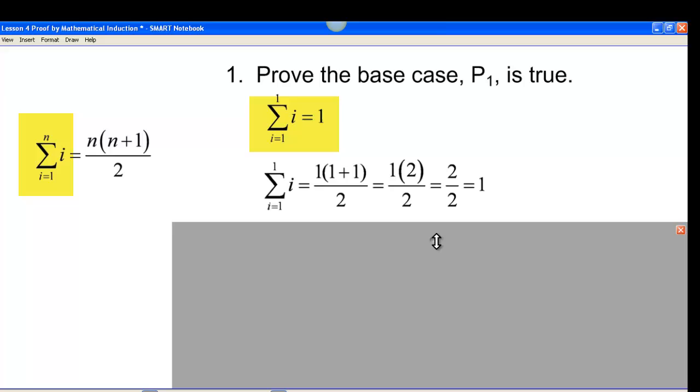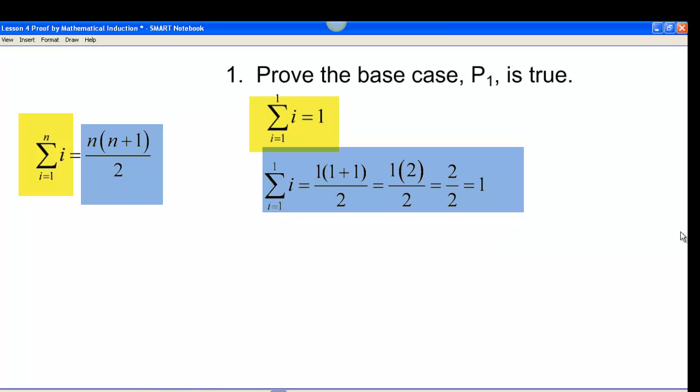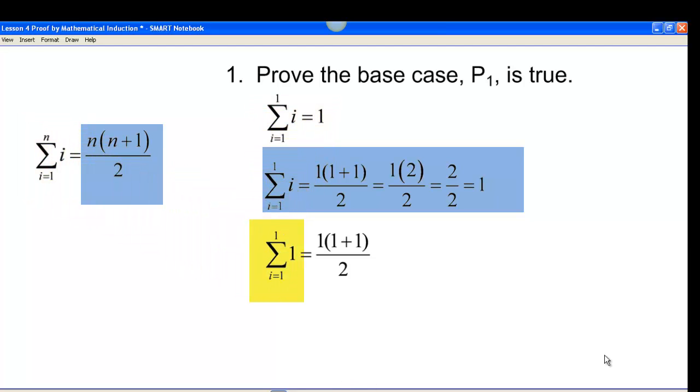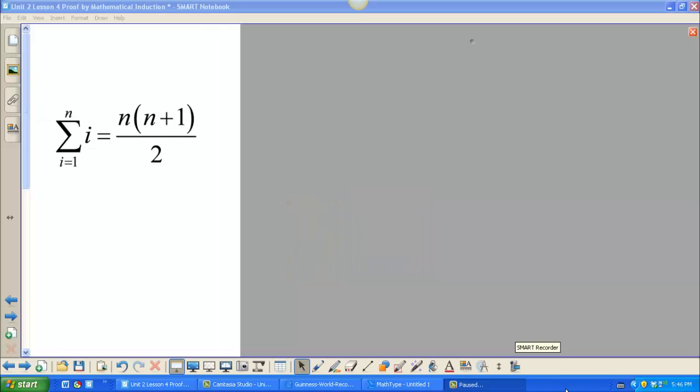Now, if I input 1 into the formula, 1 times 1 plus 1 is 2. 1 times 2 is 2. And when I divide that by 2, I get 1. So I have just proven that the sum from i equals 1 to 1 of i equals the formula 1 times 1 plus 1 over 2. We've just proven the base case to be true.